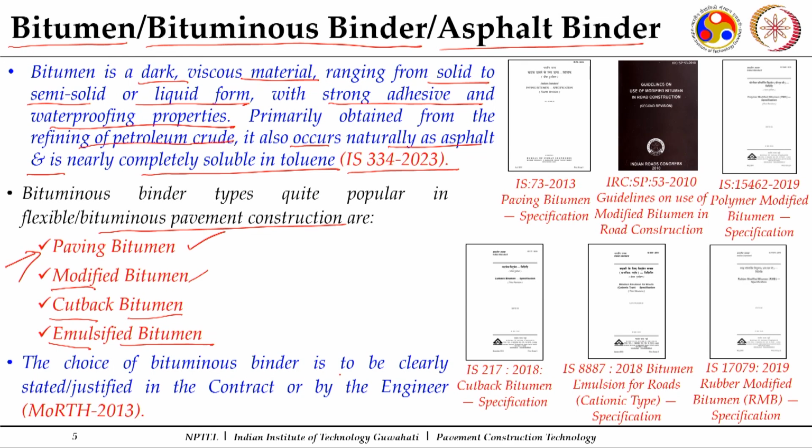The choice of bituminous binder is to be clearly stated in the contract by the engineer. Whenever a project is to be there, it has to clearly define what type of binder is to be used. Now, as I mentioned, there are various IS specifications, IRC specifications. This is BIS specification 73, paving bitumen specification. This is SP 53 on use of modified bitumen.